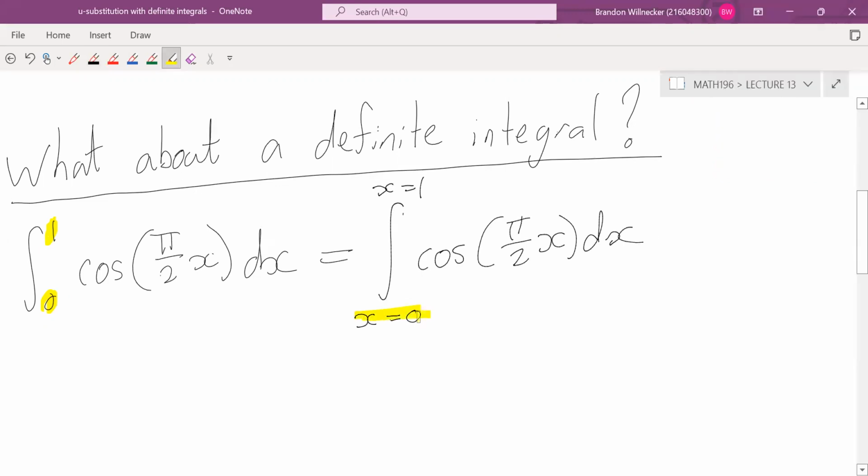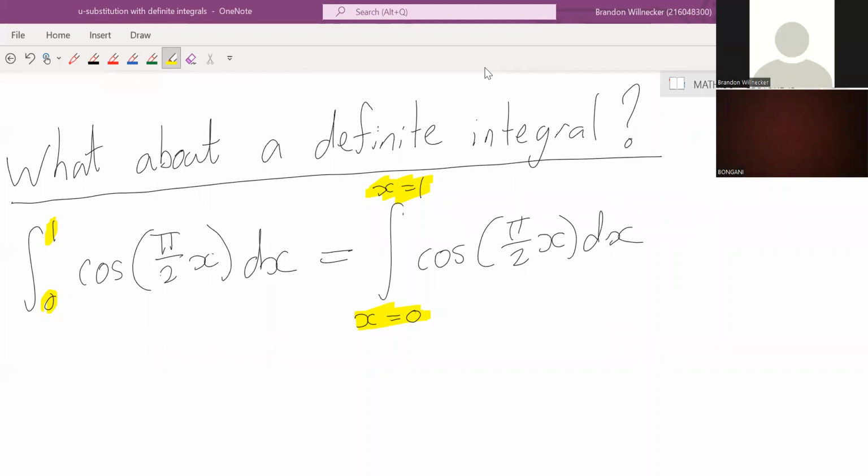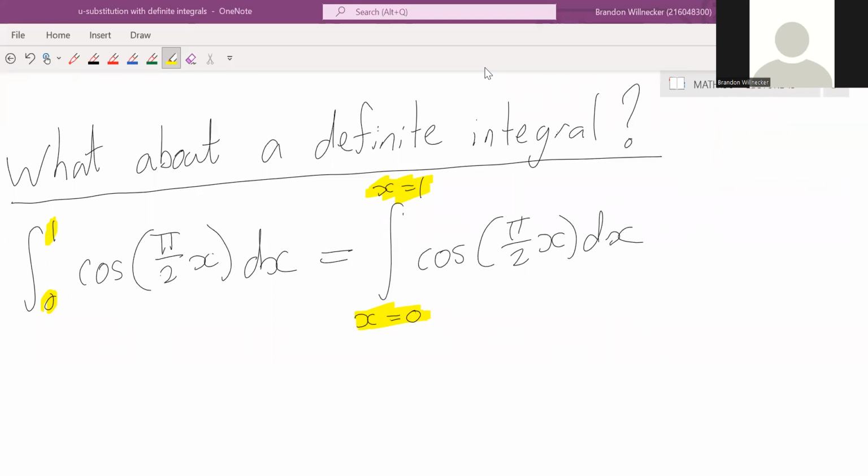So this is an x value and the upper bound is also an x value. The reason I'm stressing it like this is because when we do the U substitution, we need to change all of the x values into u values. We have to change pi/2 times x into u. We need to change dx into du. We also need to change the bounds.